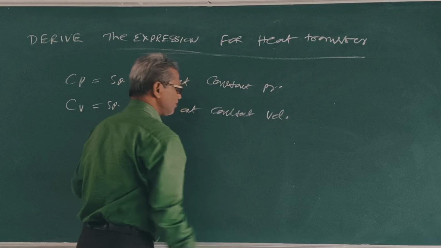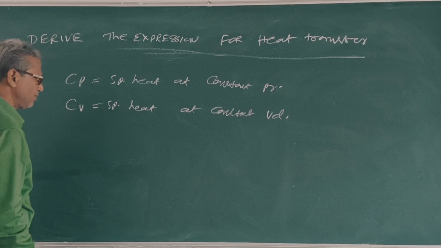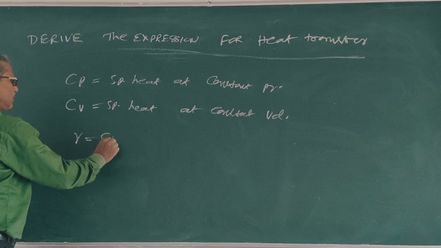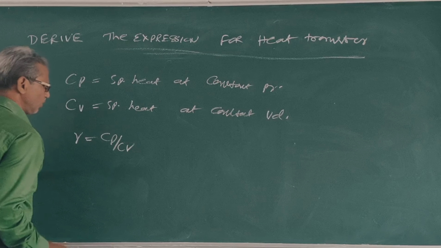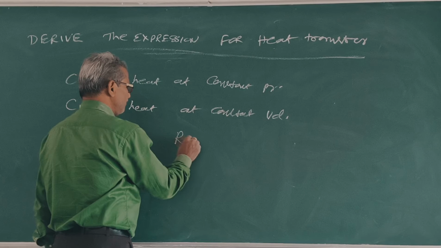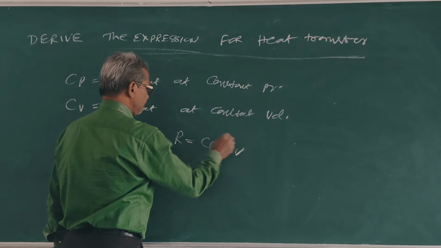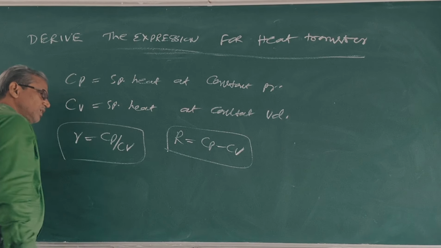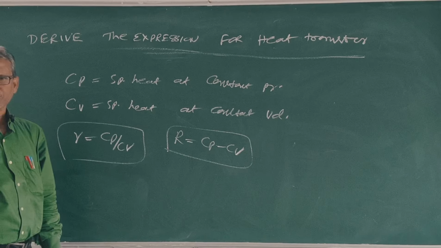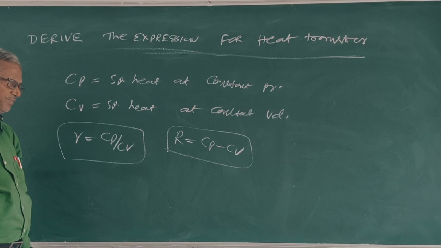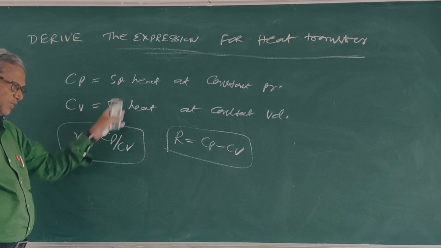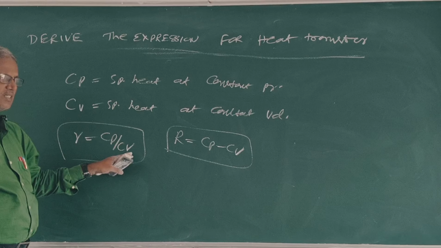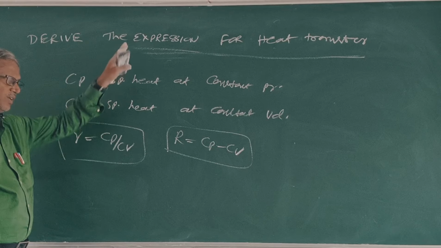What is gamma? Cp by Cv. What is R? Cp minus Cv. Clear? The formula I have already derived. Now I will apply these equations to find out heat transfer in polytropic process.